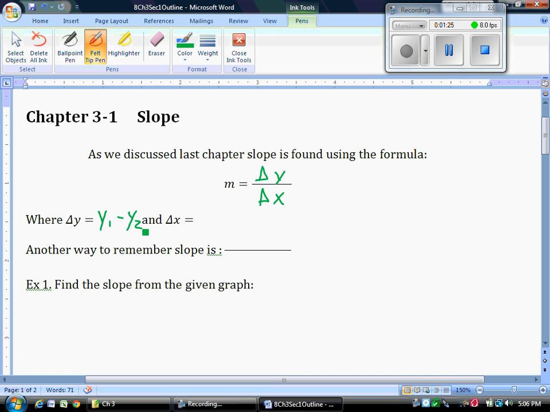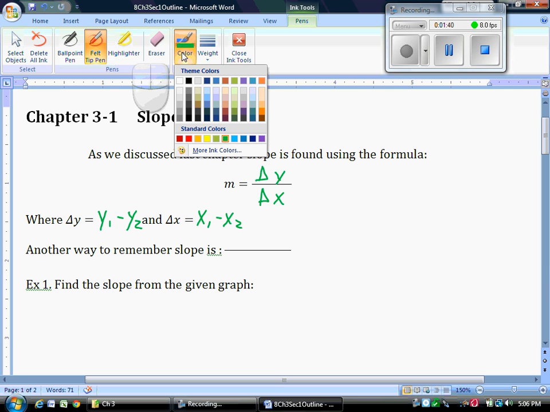The delta x is your x value, x sub 1, minus x sub 2. That's all slope is: subtract 2 y values, subtract 2 x values, put them over top of each other. Plain and simple.